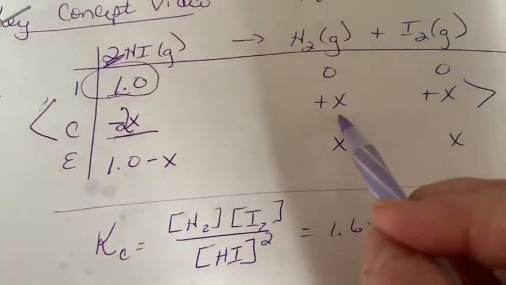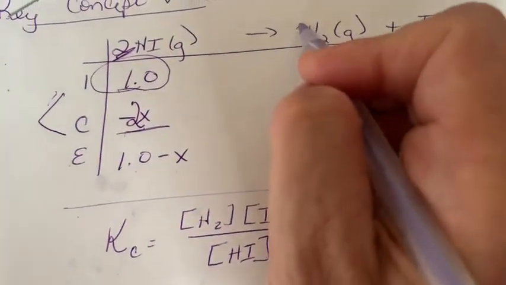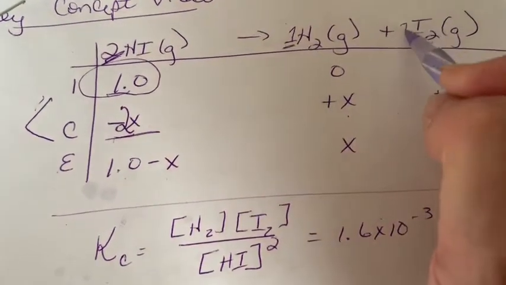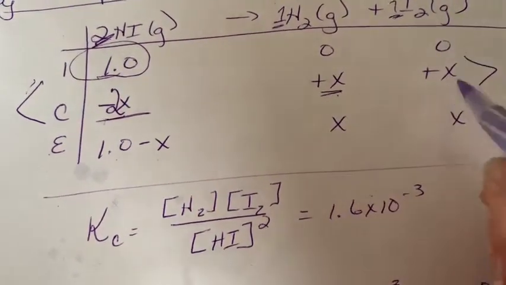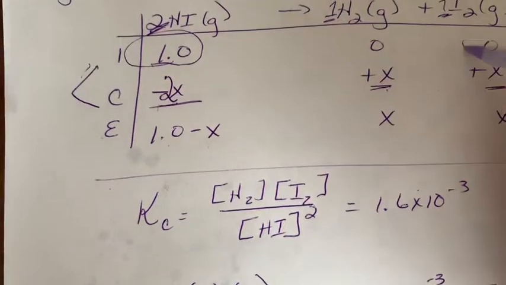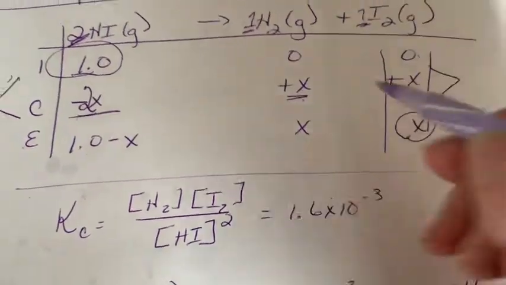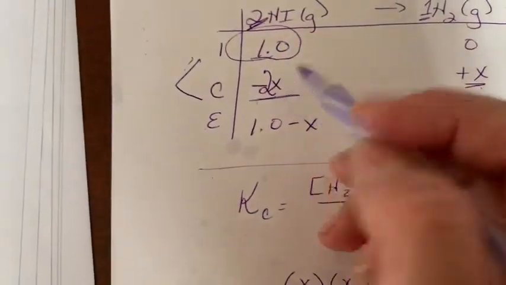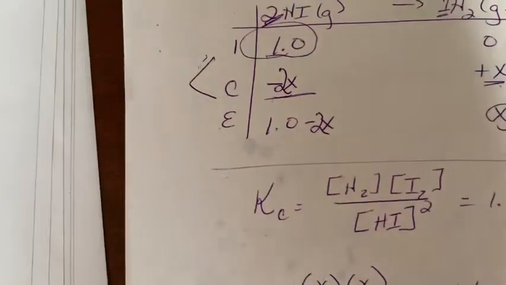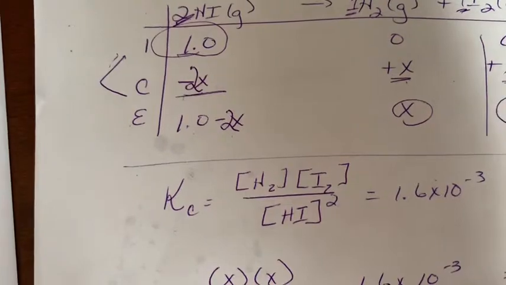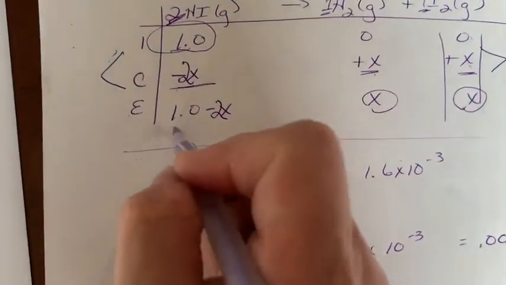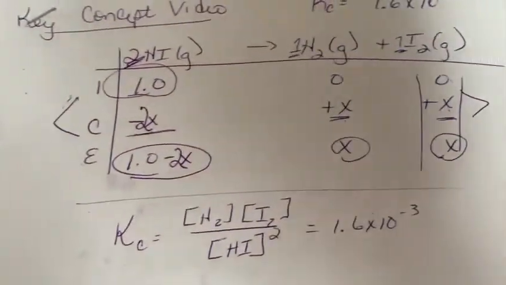Products are increasing, so they're plus, but notice there's only a coefficient of 1 in front of each of the products, so that's just X. And then you simply add each column up. 0 plus X is X. And 1 minus 2X, let me correct myself here, is the equilibrium concentration for hydrogen iodide.